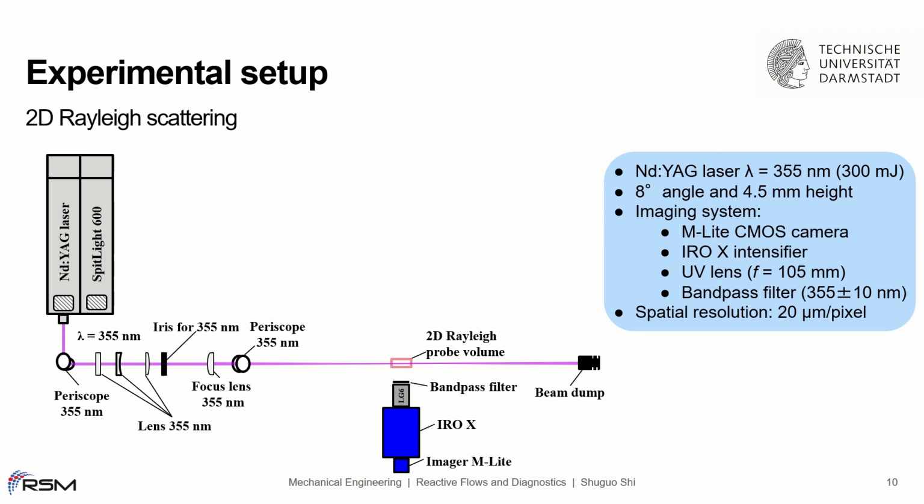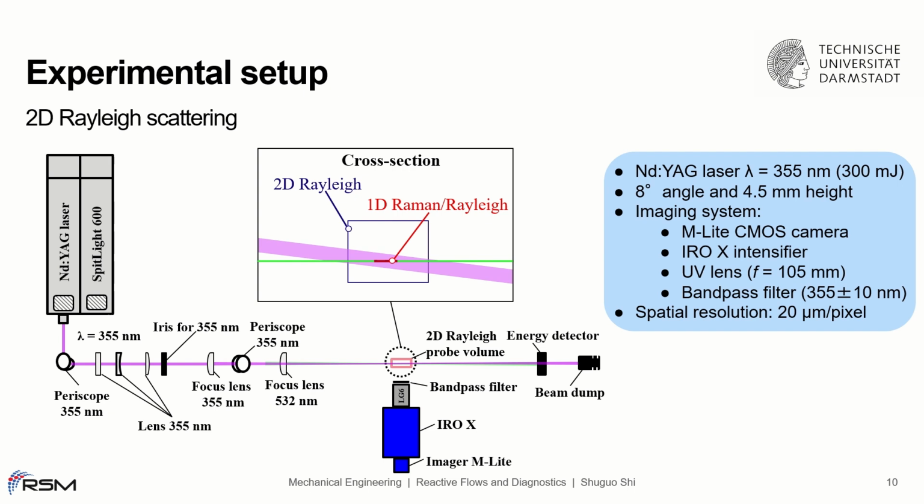The incident laser sheet was inclined by 8 degrees to avoid optical overlap with the 1D system. A schematic figure is shown here to illustrate the relationship between the 1D and the 2D lasers. The 2D Rayleigh scattered light was collected by a CMOS camera coupled with an intensifier, a UV lens, and a bandpass filter. The spatial resolution is 20 micrometers per pixel.